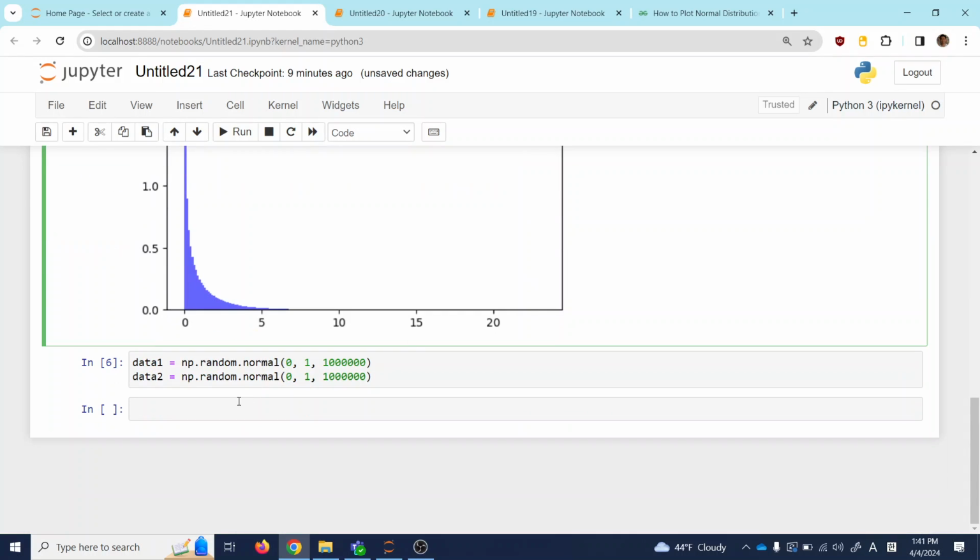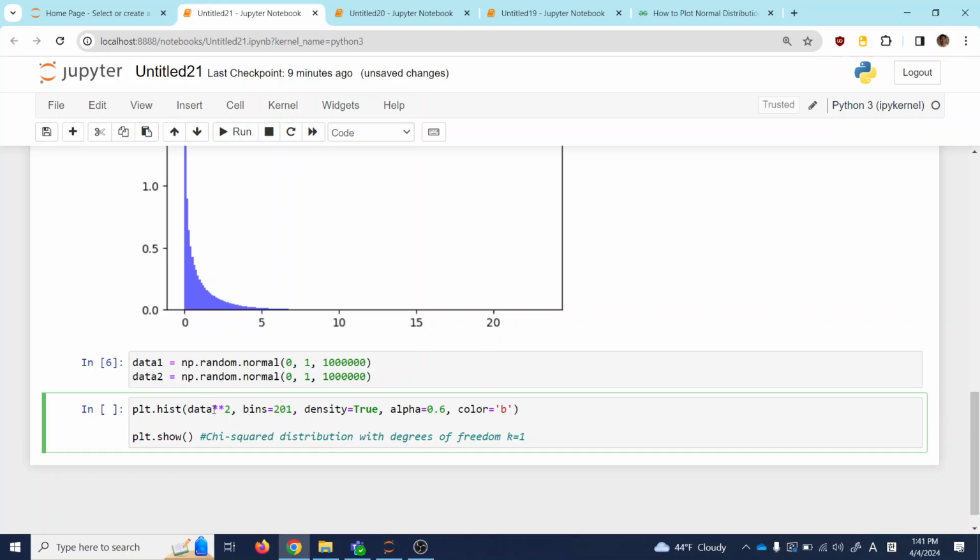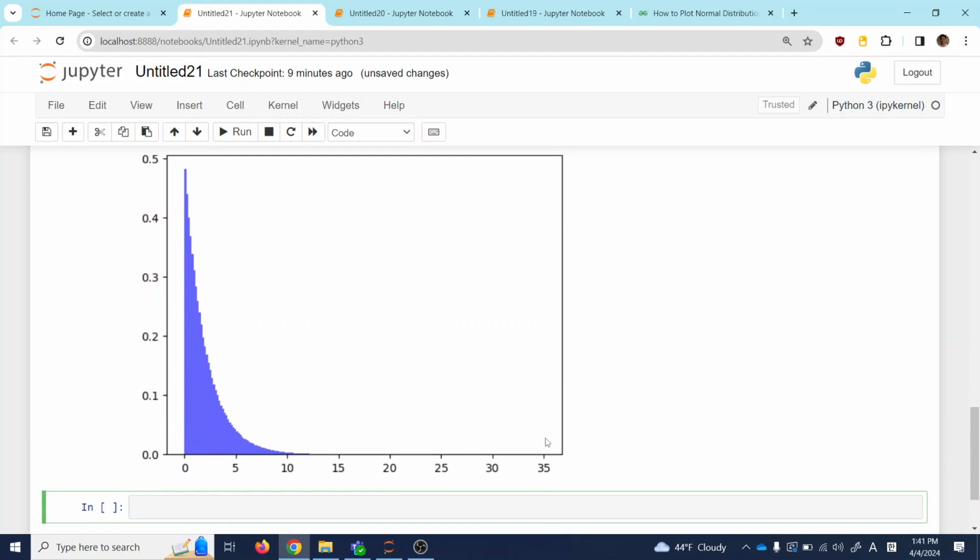Let me show you. So over here, instead of data, I have data 1 squared plus data 2 squared. And let's graph it. And now you have, again, a similar looking graph, but now you have more mass on this side.